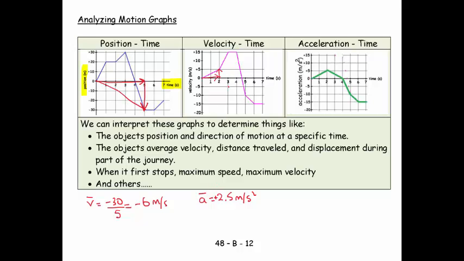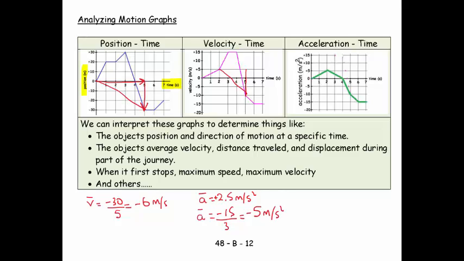Or again, I could say, well, what's the average acceleration between 2 points in this journey? Between time t equals 2 and t equals 5, my rise is -15. So a in this case is equal to -15 over my run. And my run goes 2 to 3 to 4 to 5. My run is 3, which equals -5 meters per second squared.